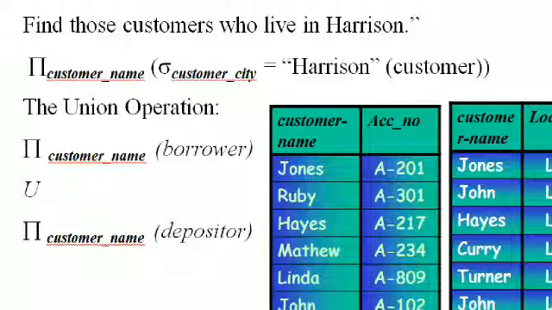For union operation you just use the U symbol to indicate it. Pi customer_name borrower, so all the customer name column from the borrower table unites with customer name from the depositor table. So after union operation we get all the customer names from the borrower table and the depositor table.